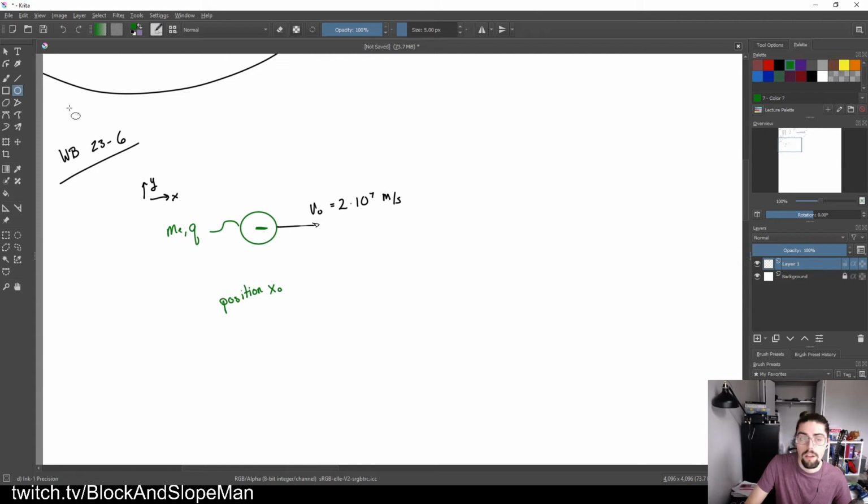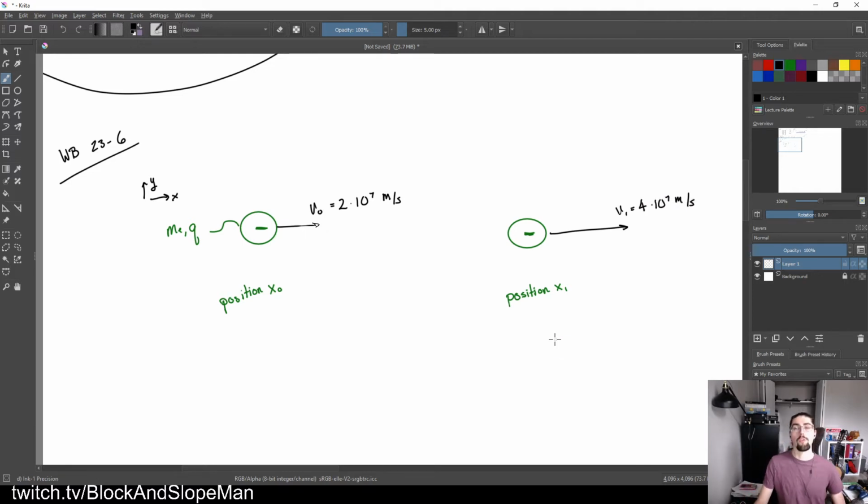So we start like that, and then some distance later, we are now zipping by even faster. We are now at a position x1, call it, but we are moving at a larger velocity. v1 is equal to 4 times 10 to the 7th meters per second.